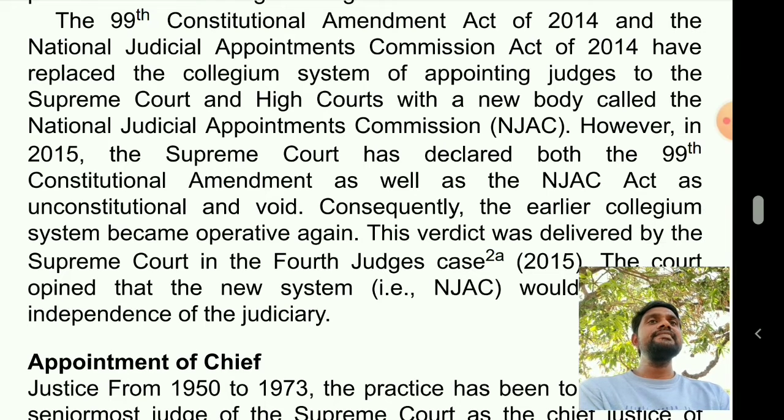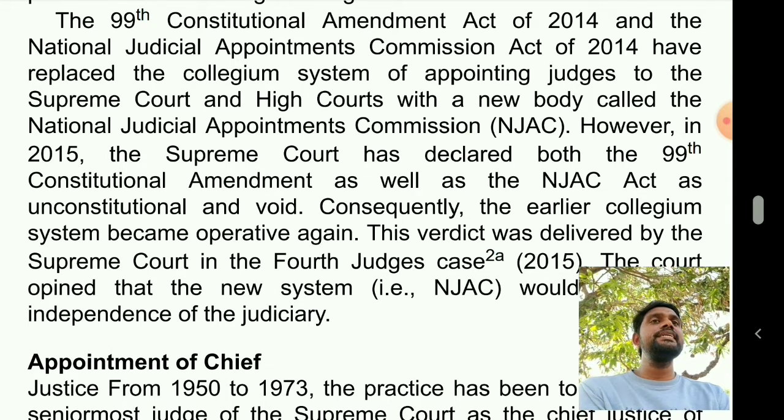The 99th Constitutional Amendment Act of 2014 and the National Judicial Appointments Commission Act of 2014 replaced the collegium system of appointing judges to the Supreme Court and High Courts with a new body called the National Judicial Appointments Commission, NJAC.